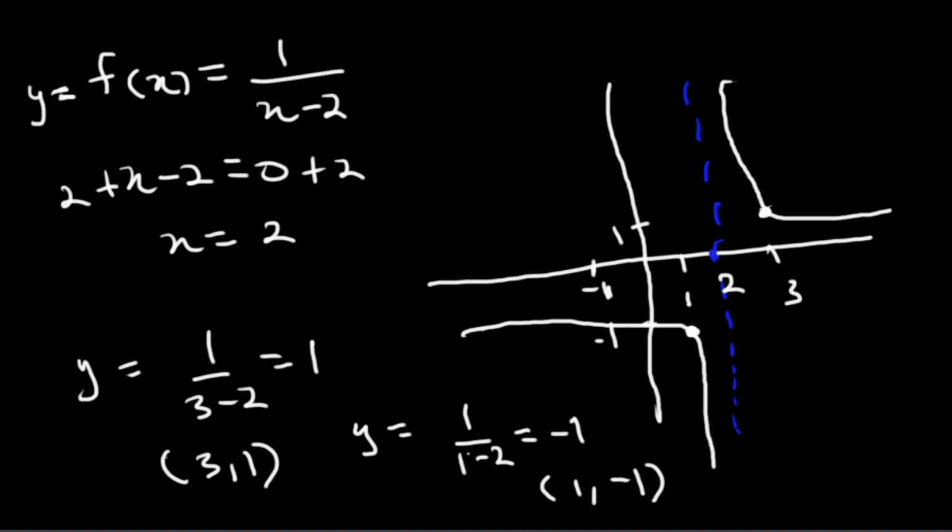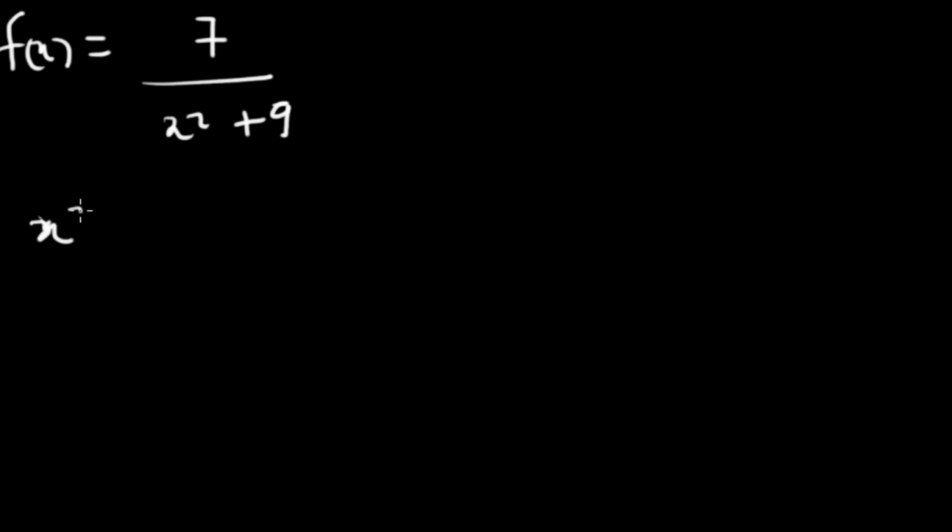Now let's work on more examples. Now we have a very interesting question, right? We have f of x being equal to 7 over x squared plus 9. We equate our denominator to 0, and we get x squared plus 9 is equal to 0. We subtract 9 from both sides of our equation, and we get x squared is equal to negative 9.